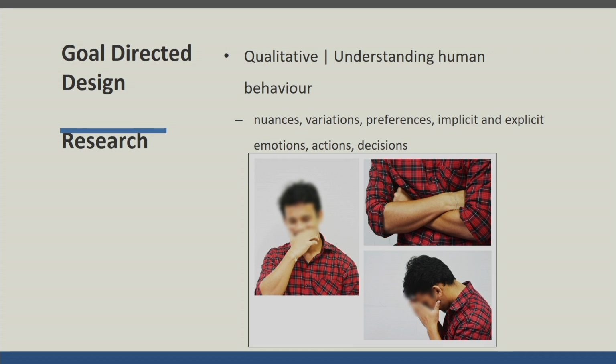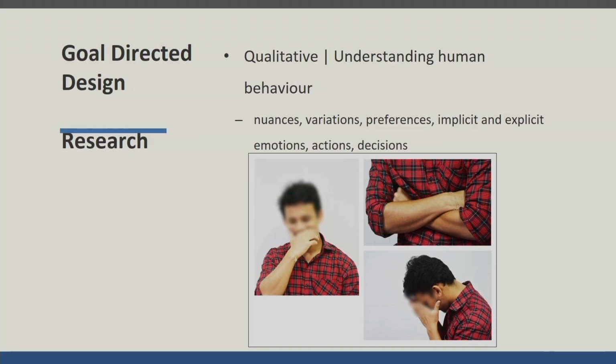As you can see, we had already said that the research stage is the stage where designers are trying to gather qualitative data. Why qualitative data? Because we are studying or trying to understand human beings and not really any other object. Human beings have very nuanced behavior, their behavior may change.